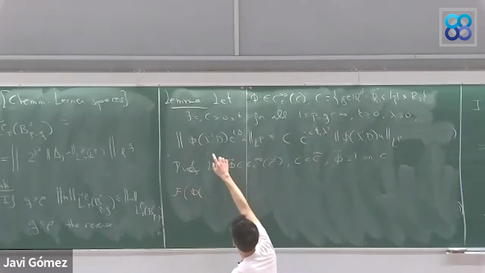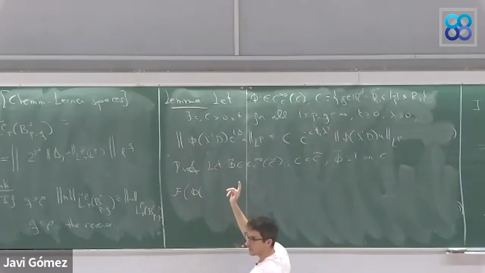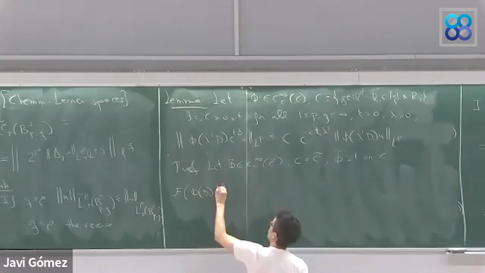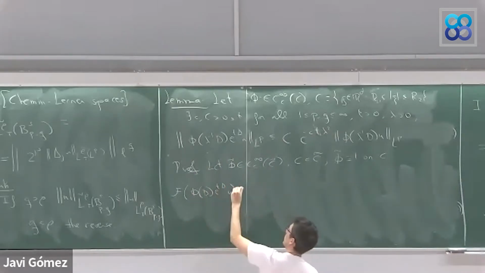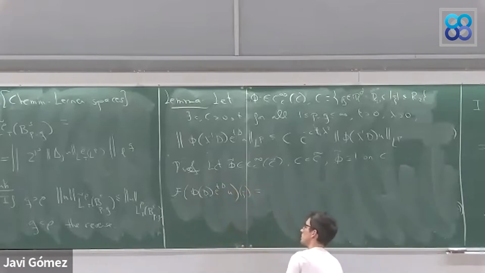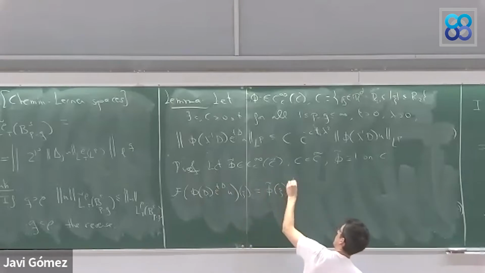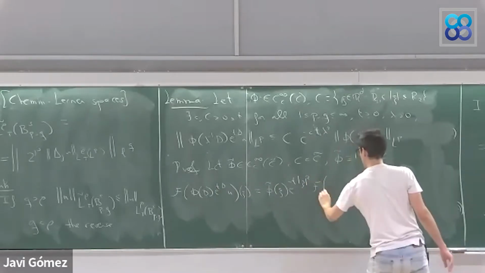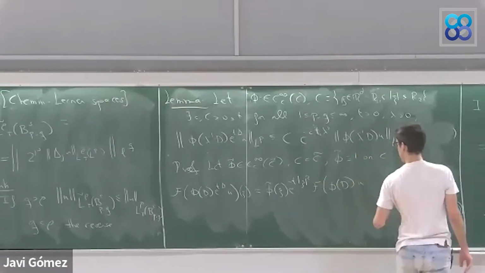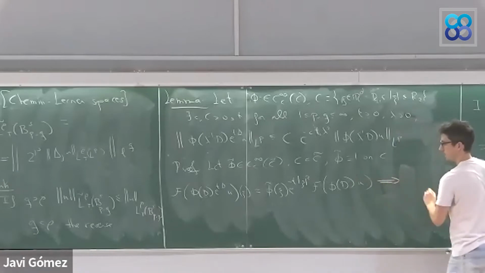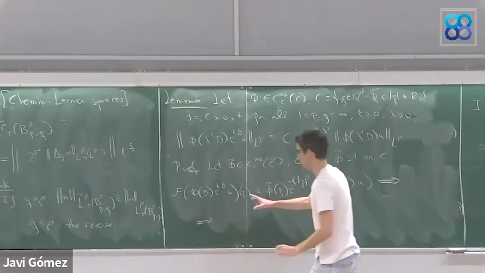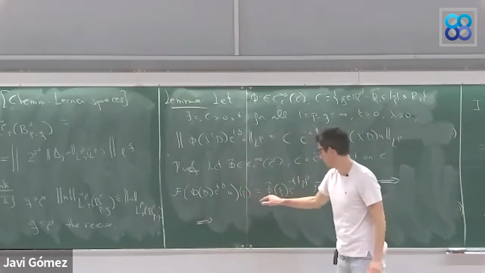And again, as the other day, I can just do it for lambda equal to 1 and then scale. So take inverse Fourier transform, do LP of the convolution.